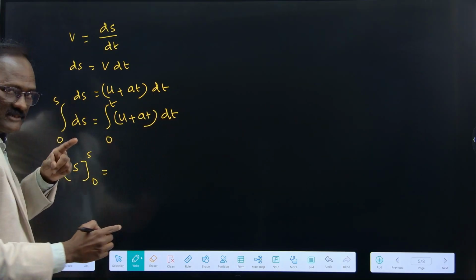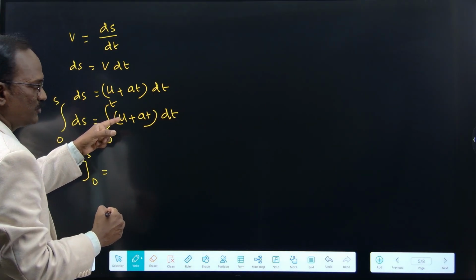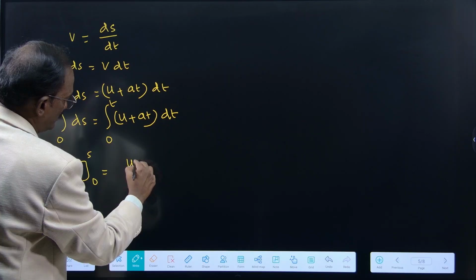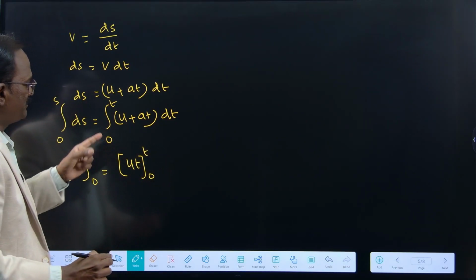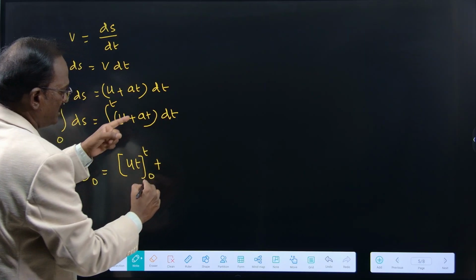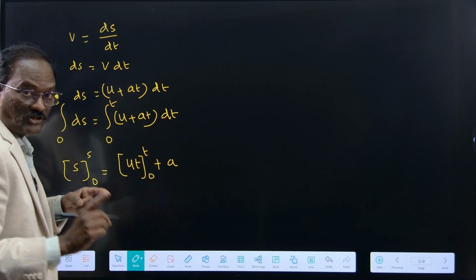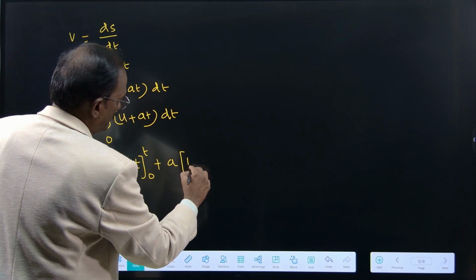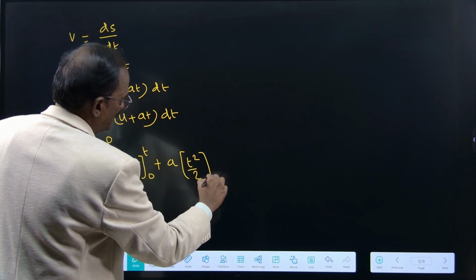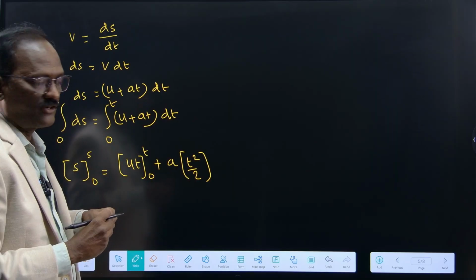So u first, if you integrate it, ut is the result, with time limit 0 to t. Plus a is constant acceleration. Then for t dt, it is t square by 2. Basic integration you have to remember, right?